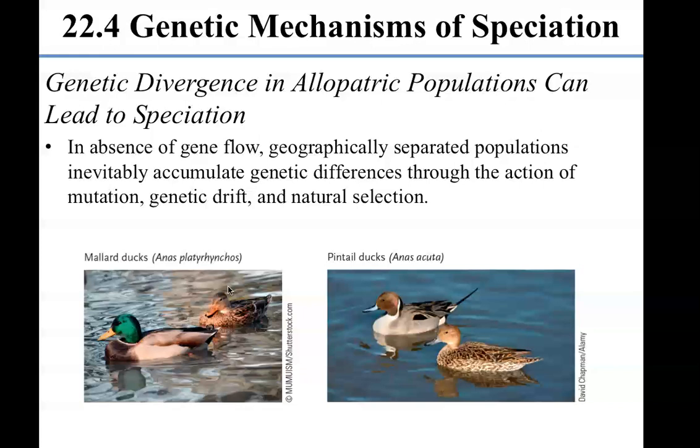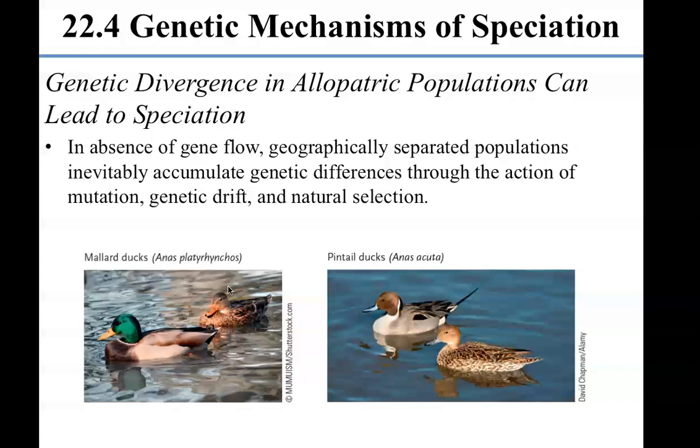But just know that sometimes it doesn't take a lot of genetic differences to accumulate. Sometimes it can just be a single mutation or just shifts in allele frequencies that can cause enough differences that create new species. So the example of that is these ducks.